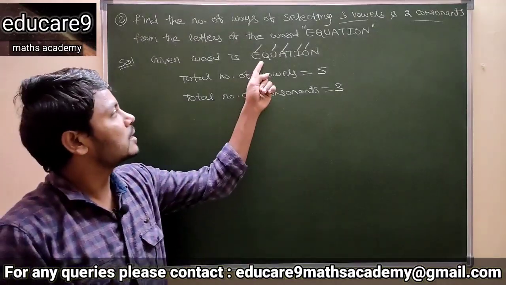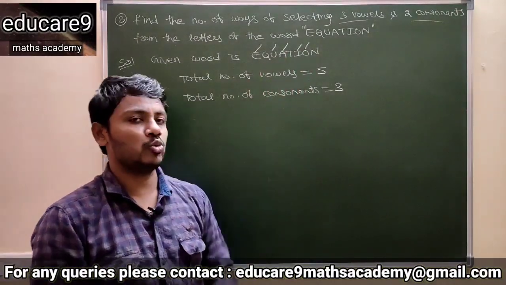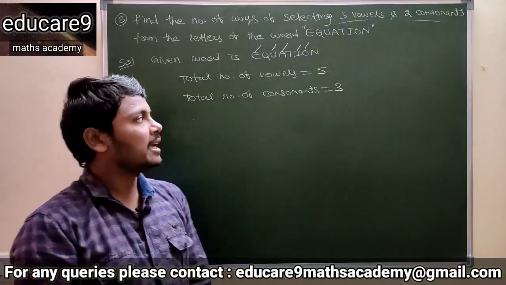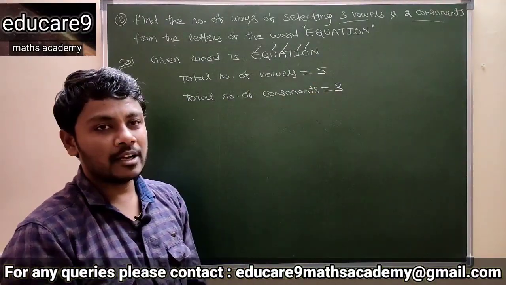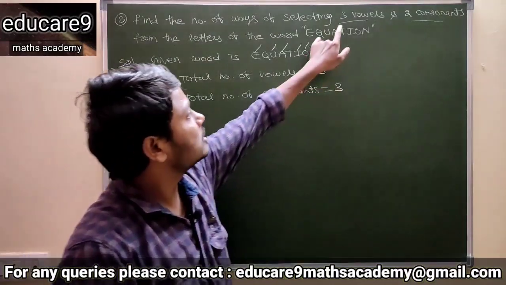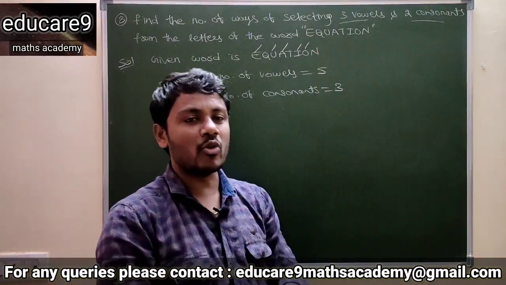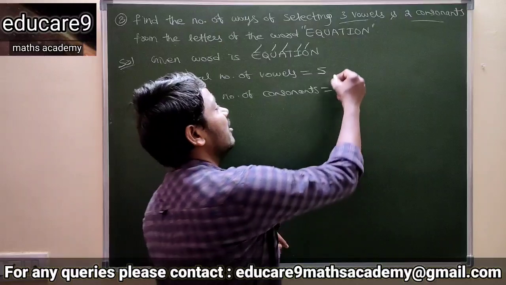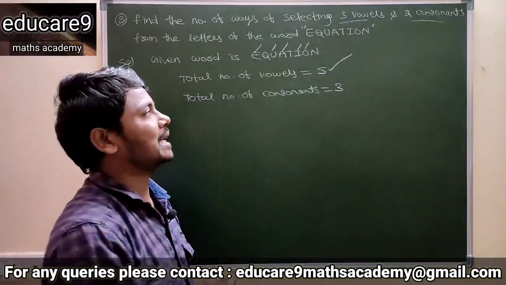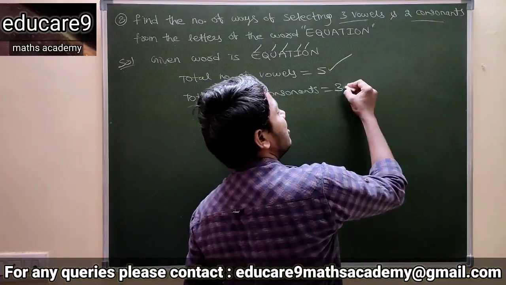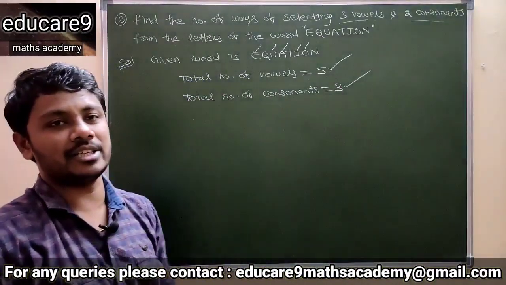So 3 plus 3, 6, plus 2, 8. Total 8 letters. In that, the number of vowels is 5 and the number of consonants is 3. But you need to select 3 vowels from the 5 vowels and 2 consonants from the 3 consonants.